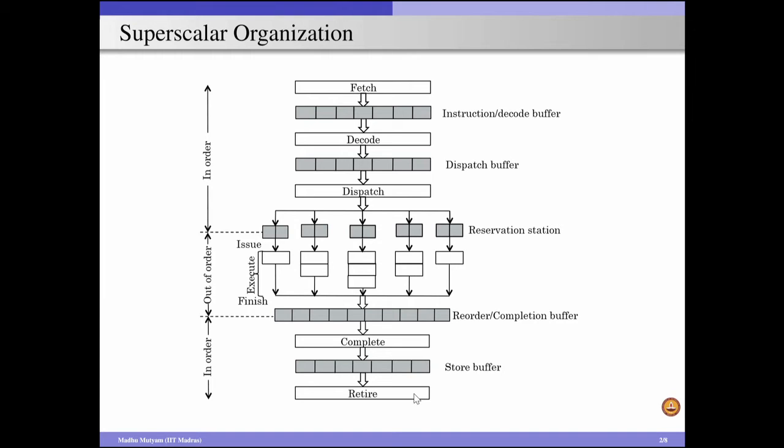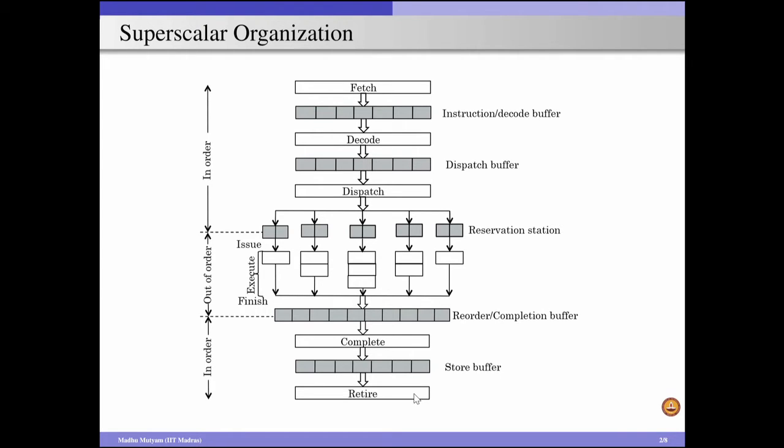The execute stage performs the actual execution of the instructions on different functional units. The complete stage is going to complete the processing of the instruction from the machine architecture point of view, and the retirement stage is the stage where we actually write the store values from the store buffer to the memory.